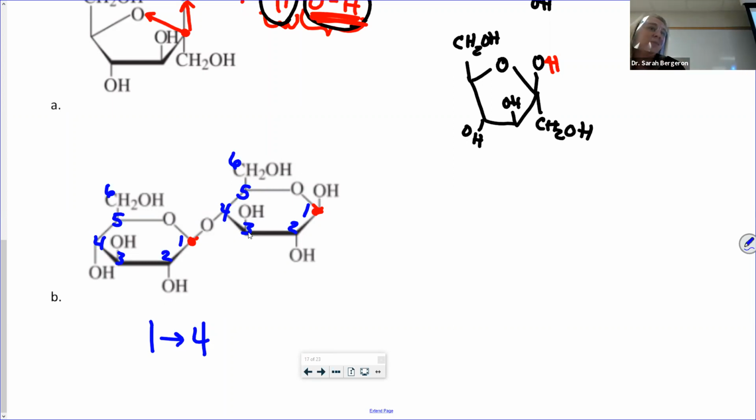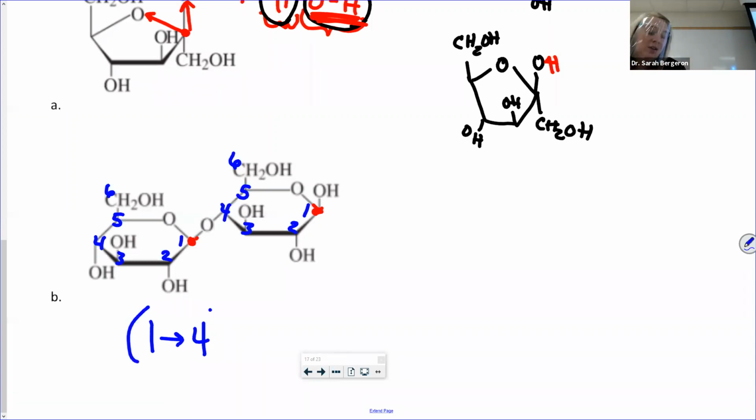And so you can have the beta or the alpha. If the 2 red dots are both participating in the glycosidic bond, then you're going to have alpha alpha, alpha beta, beta alpha. You'll have 2. But see how here we only have 1 dot participating, then we're only going to have 1 symbol.